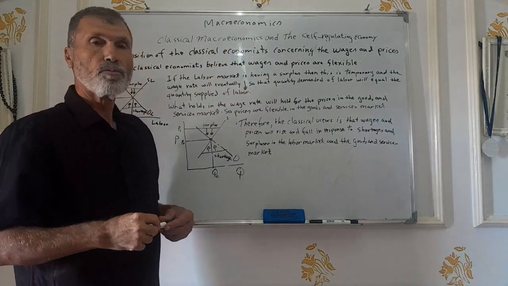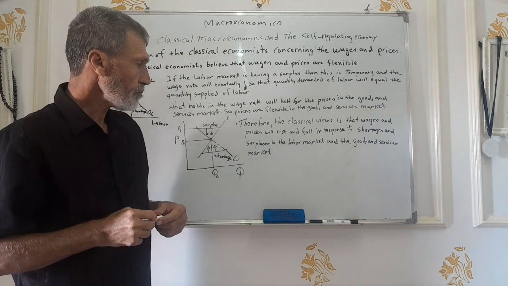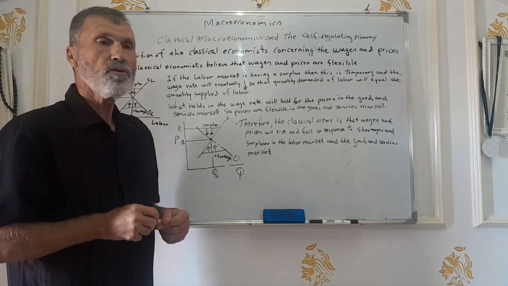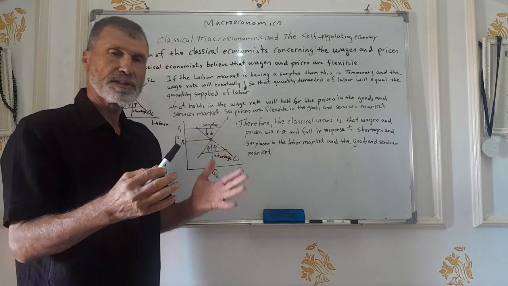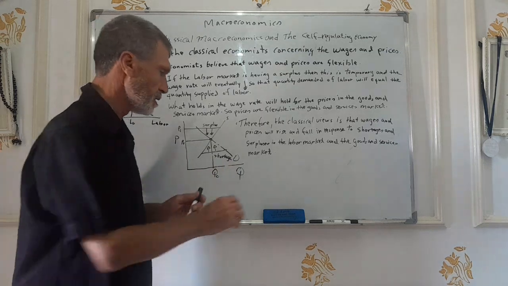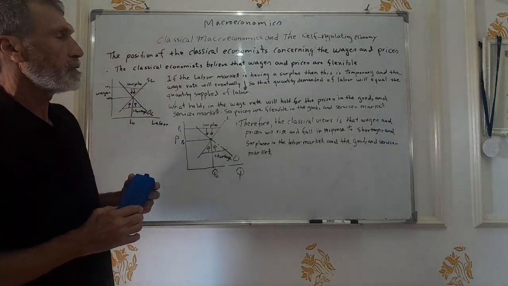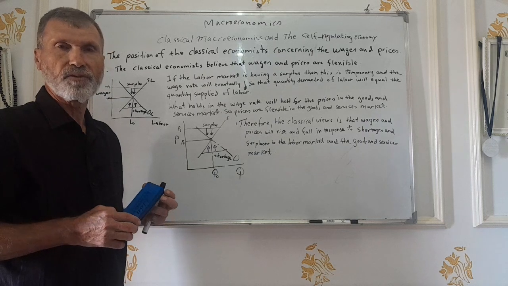Okay, now we're going to move to look, of course, at the views of the economists who believe that the economy is self-regulating. So let's move here to talk about the views of the economists who believe that the economy is self-regulating.